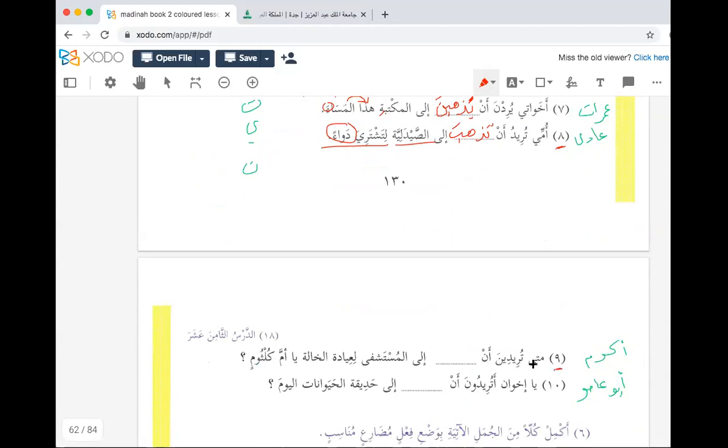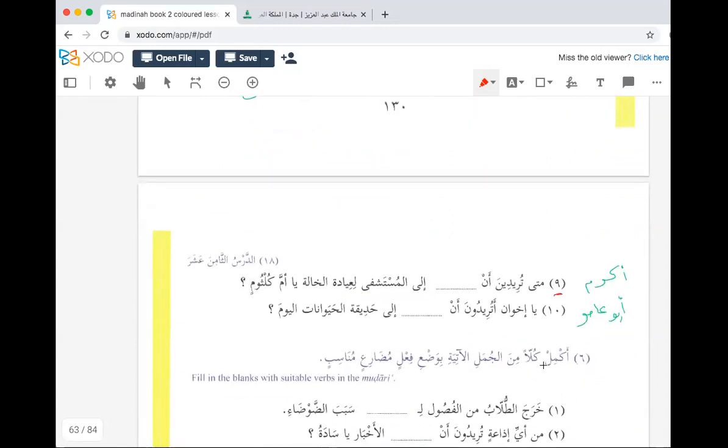أستاذ تفضل. متى تريدين أن تذهبي إلى المستشفى لعيادة الخالة يا أم كلثوم؟ أحسنت. أن تذهبي. Took the noon away. But this one is wrong. لعيادة الخالة. I'm saying that there's two.